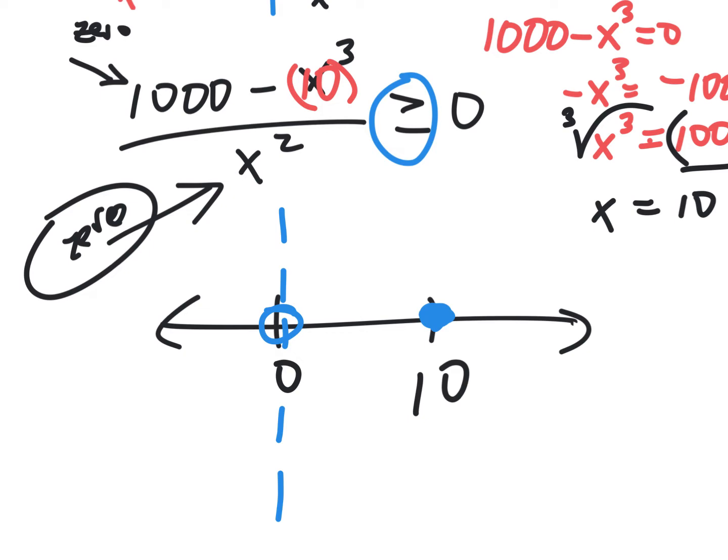So then my answer is, now let's just think logically. Can I tell whether this is between 0 and 10 or between 10 and infinity? Do you think that our x value should possibly go to infinity? That doesn't make sense.